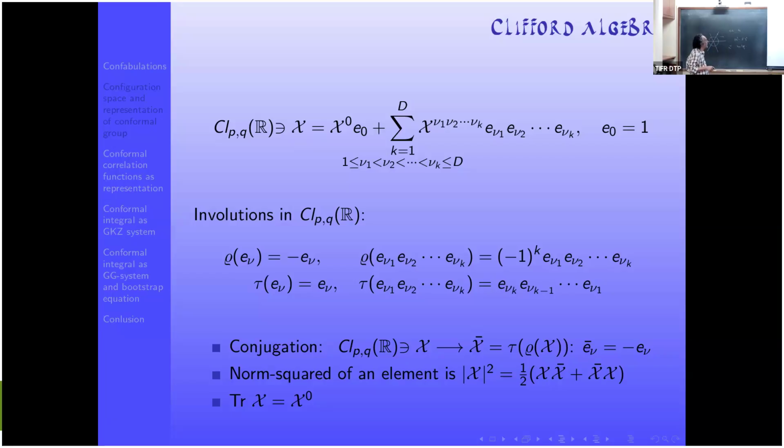And that defines something called a bar for you. For one E nu, its bar is minus E nu. Now, the norm square of an element is defined as this. This gives you the dot product actually. And the trace of this gives you the zeroth component.